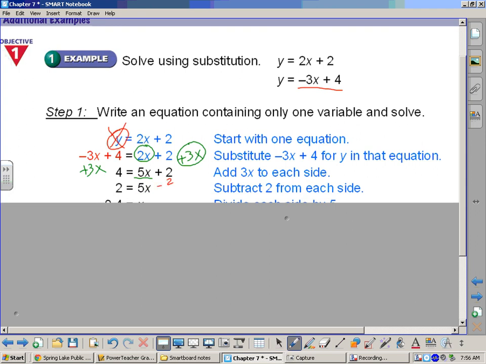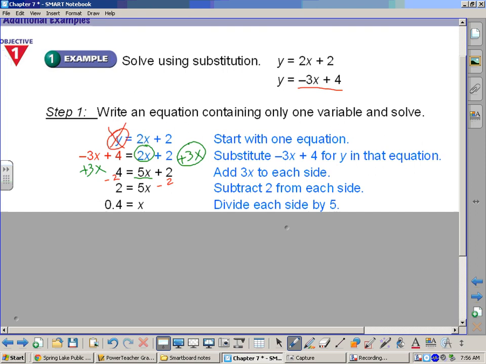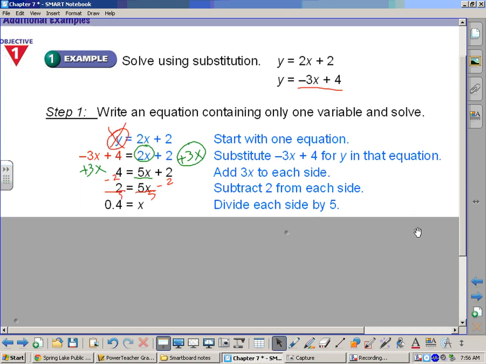So minus 2, and that gets you 2 equals 5x. And then the last step would be to divide by 5. Divide by 5, divide by 5. That gets you x equals 0.4, or we often rewrite it as a fraction, 2/5. So 2/5 or 0.4 for your answer.